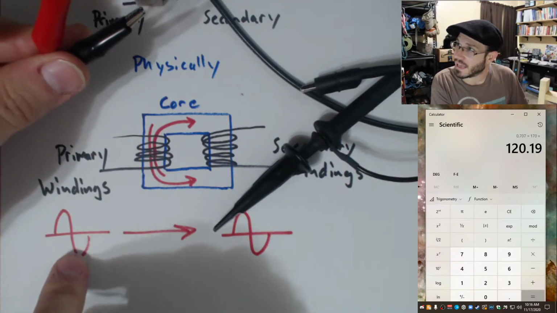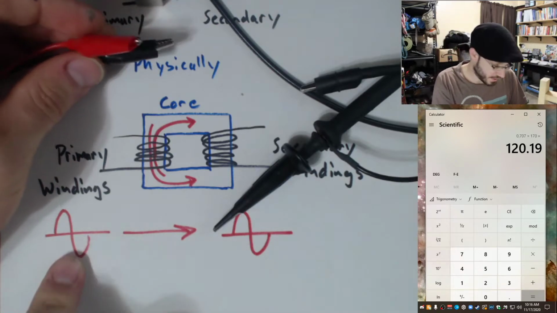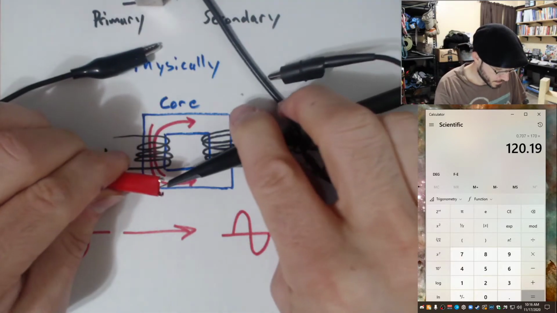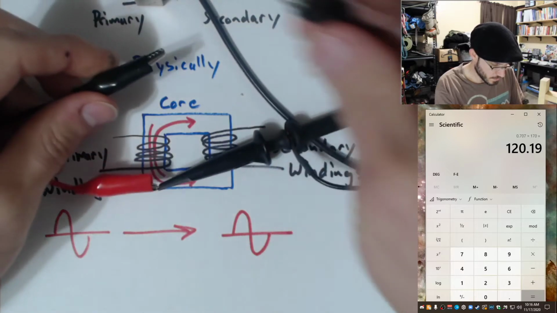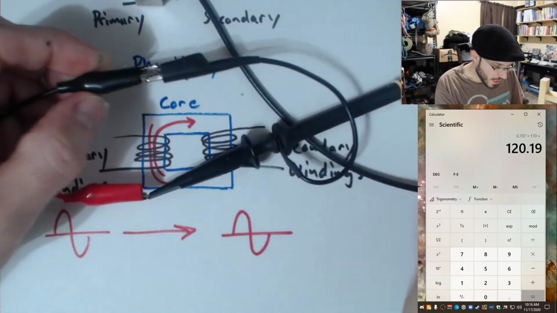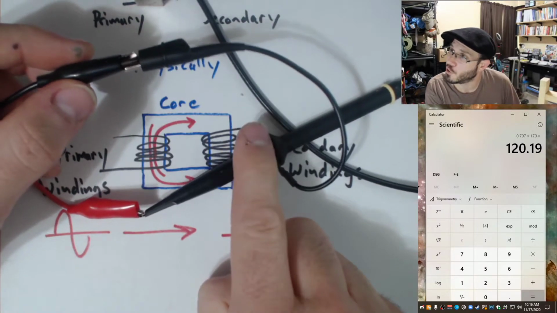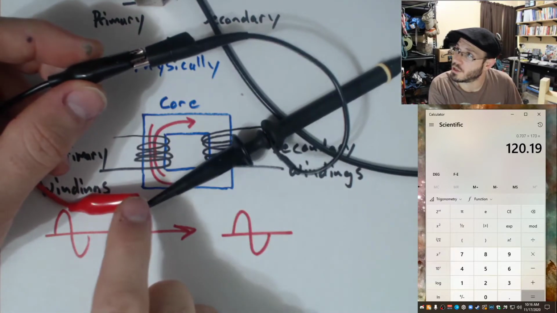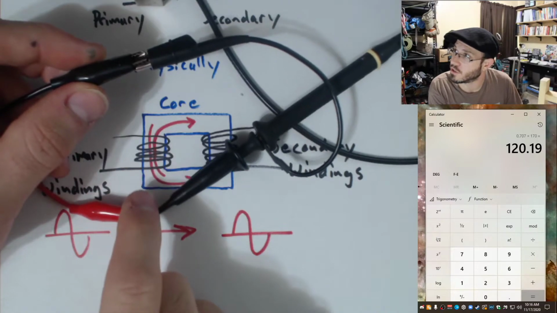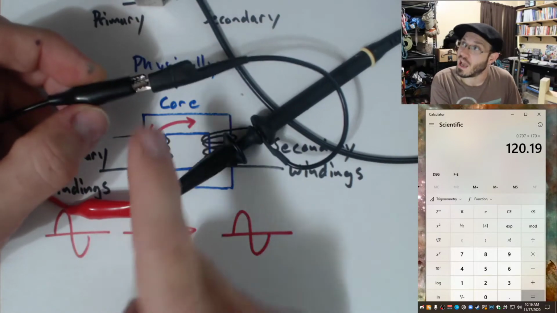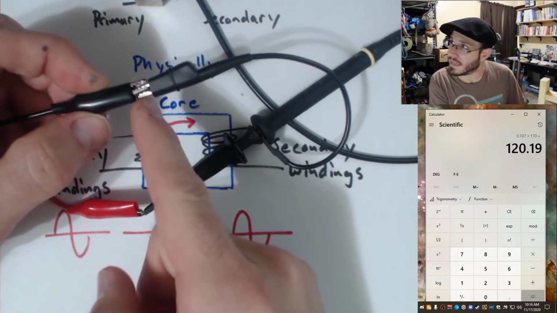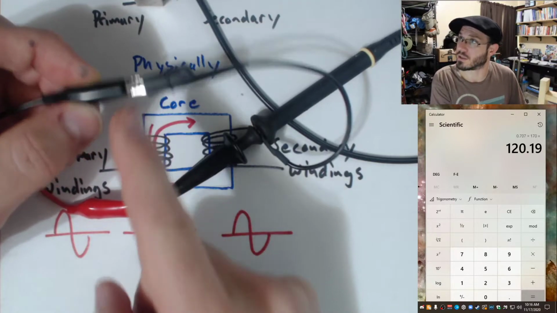It's going to behave like an AC voltage source. Now, voltage is always measured between 2 points. So as well as measuring the positive side of my AC voltage source, I'm also going to have to measure the minus side of my AC voltage source.